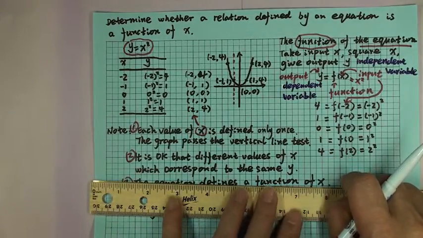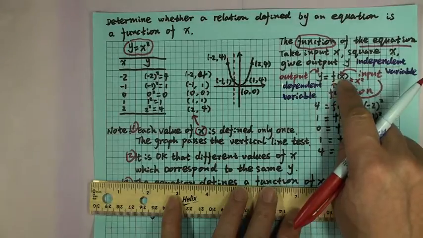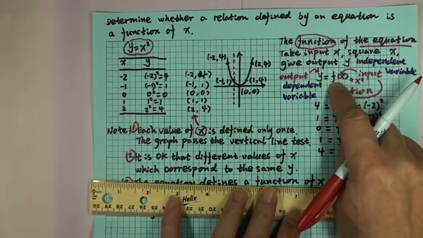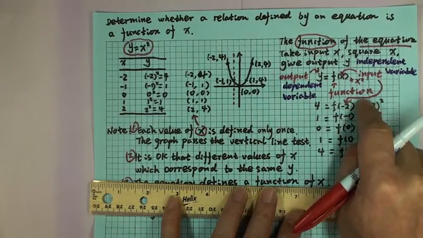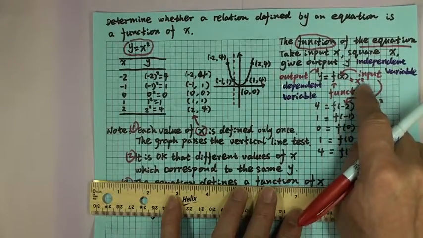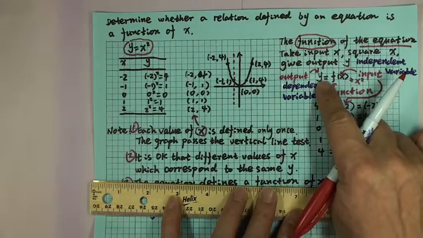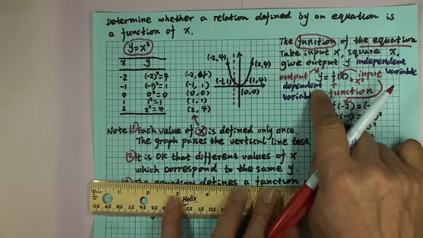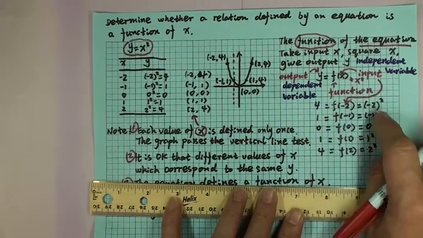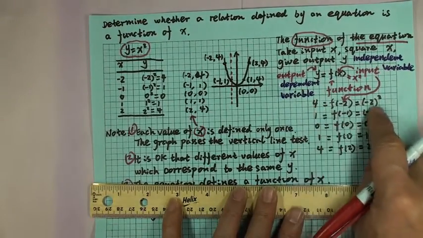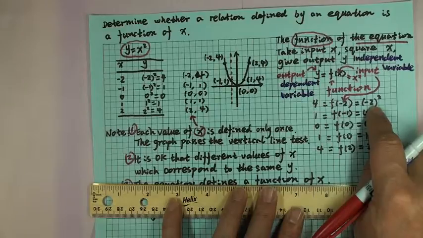All right. So f of x is not f times x. f stands for the function. Take the input, square the input, give the output. So here all the values of y depend on the input. You see we got 4 because we input -2.